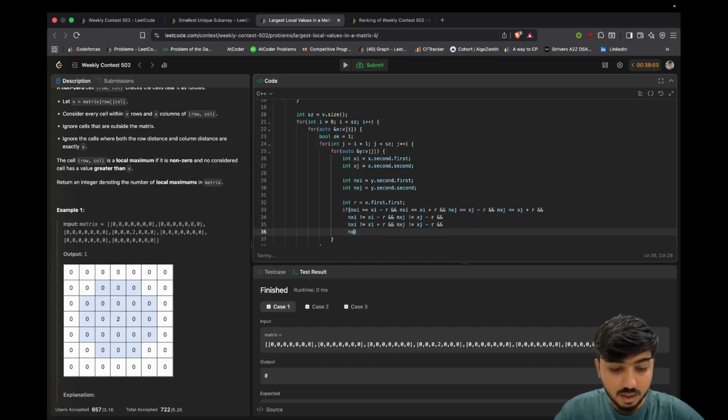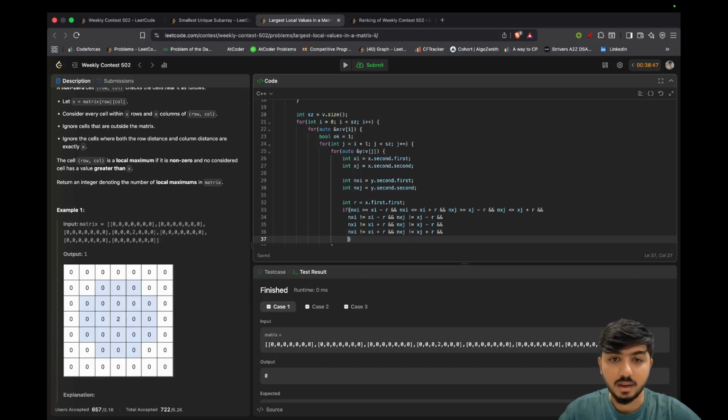This is new xi is not equal to xi plus r, and new xj is not equal to xj plus r, and new xi is not equal to xi plus r, and new xj is not equal to xj plus r.